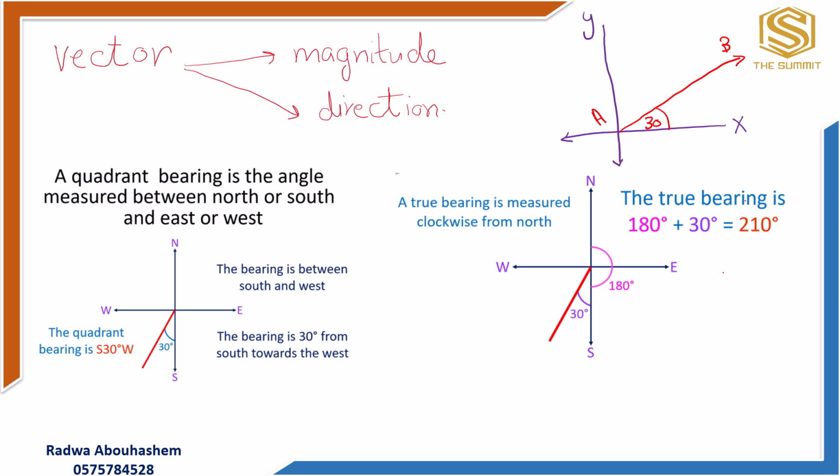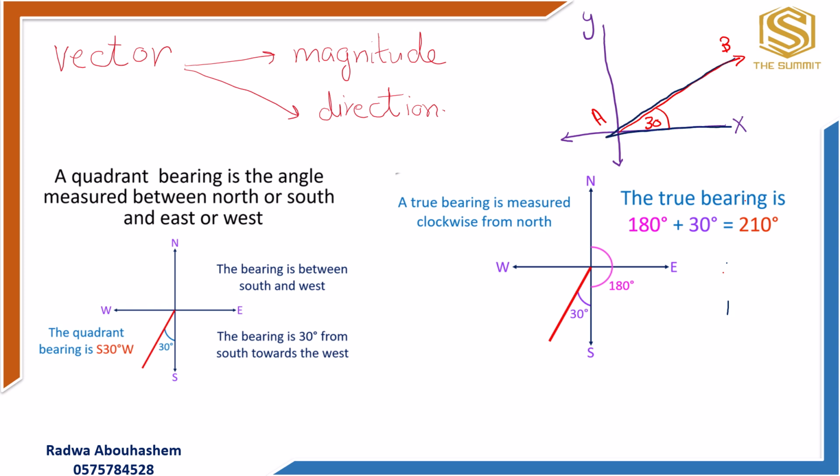Wherever you read any vector, you have to read the angle which is between the x-axis and the vector itself. So the direction of the vector is the directed angle between the x-axis and the vector itself.